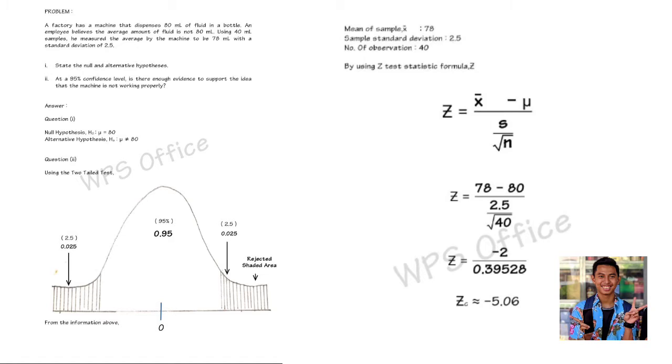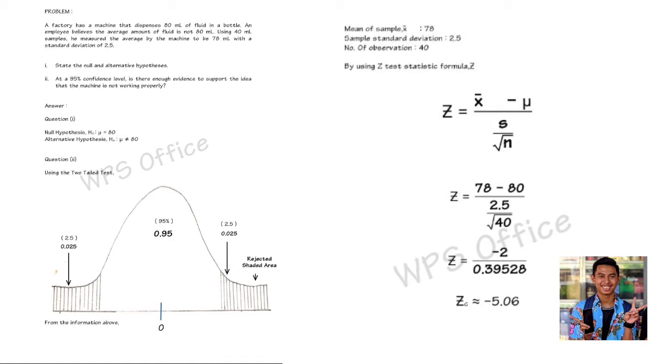By substituting the values above, we got a z calculated value of approximately negative 5.06. So the rejection shaded area is located in the tail area of the two-tailed test graph.